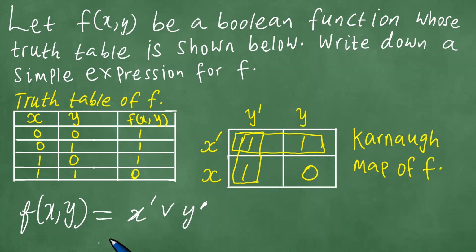This is exactly correct: x primed or y primed. This is the x primed row, all of it, or the y primed column, all of it. Now this is what we get.